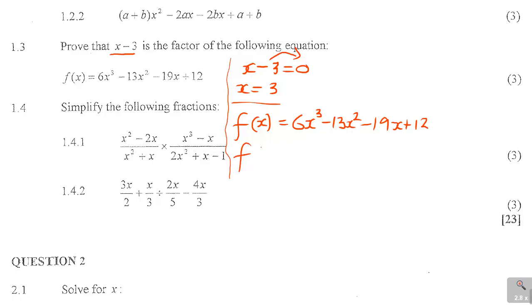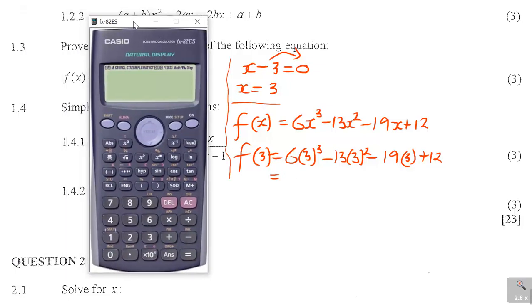So this is what we're given, and we need to prove that x minus 3 is a factor. So you put where there is x, you put that 3, so you'll have 6 times 3 cubed minus 13 times 3 squared minus 19 times 3 plus 12. You see that? And then you test that now with the calculator.